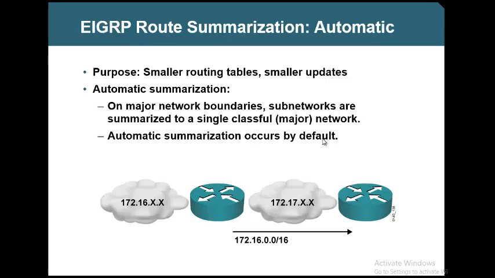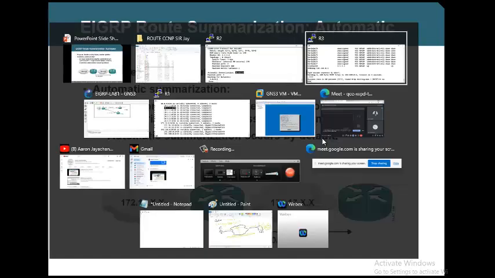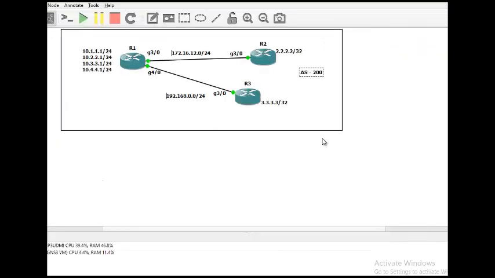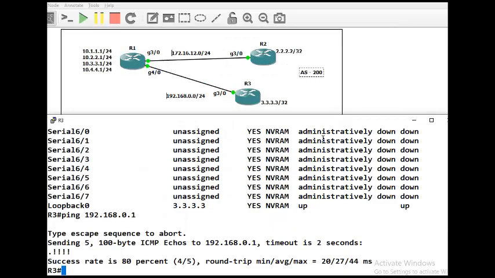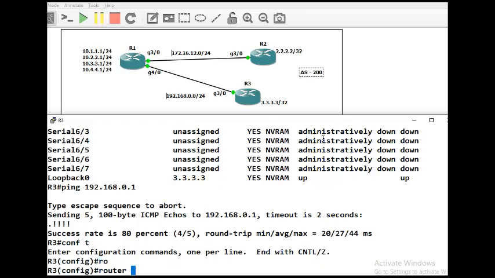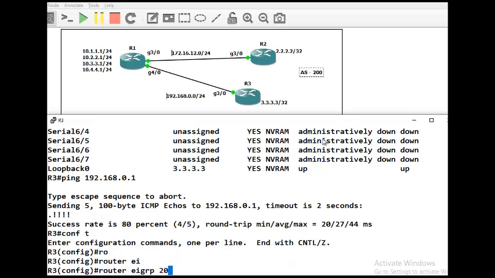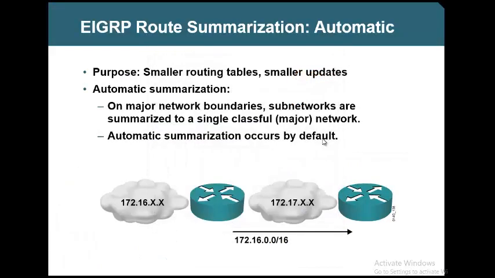Now let's finish configuring the other routers. I want to do router 3 and then I'll go to router 1. Router EIGRP 200.